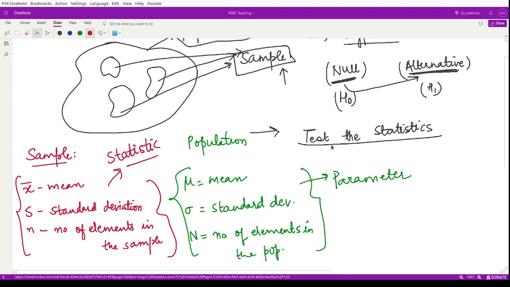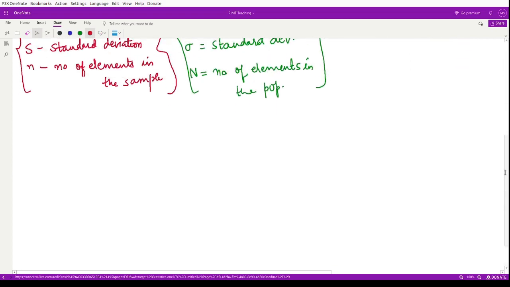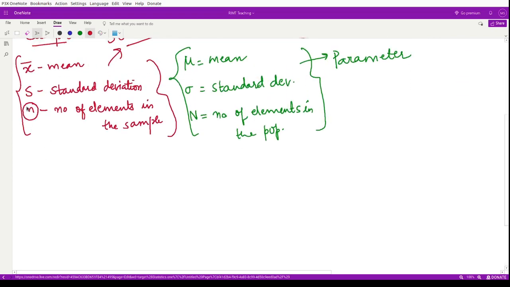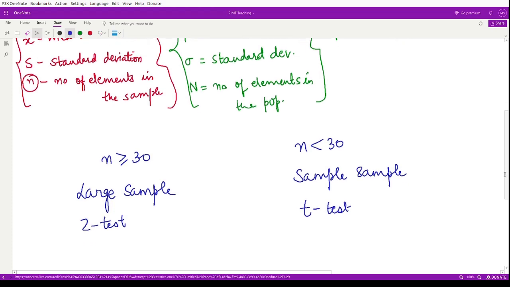This is the terminology. Coming back to testing of hypothesis, we have different tests depending on n. Whenever n is greater than or equal to 30, we have a large sample, and in that case we use the z test. If n is less than 30, we call that a small sample, and for that we have the t test, which is the test corresponding to means.